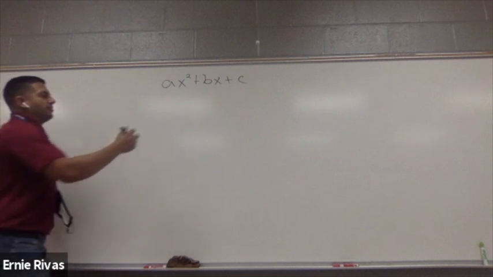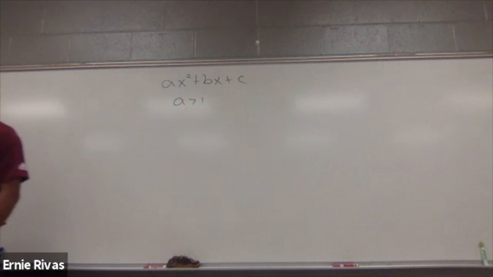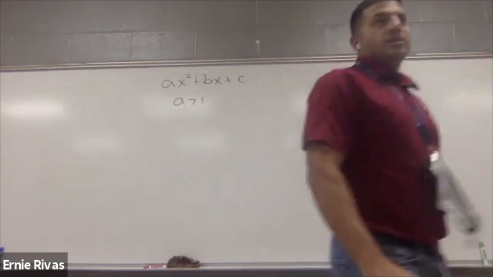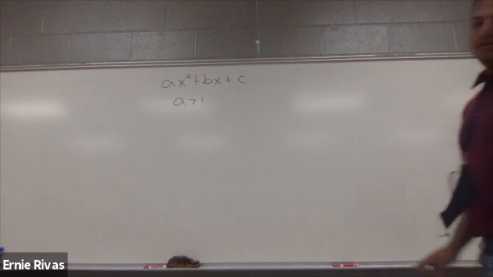So today we're going to look at factoring when a is something different than 1, when it's bigger than 1. Okay, so there's a number in front of the x squared this time. Okay, and it doesn't change a whole lot, but it has to change the way we think.